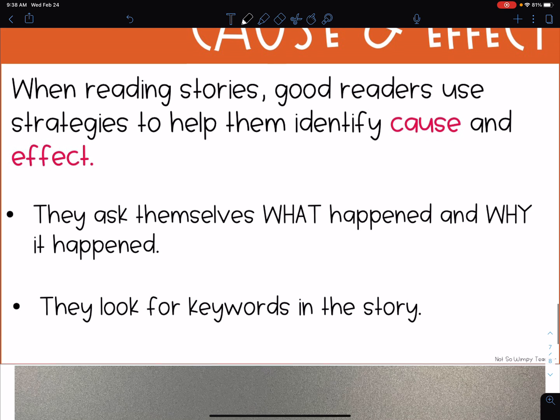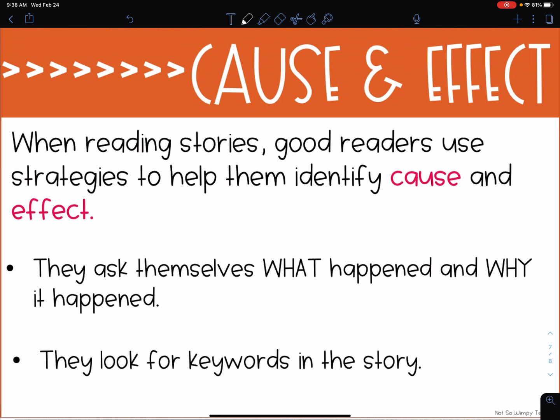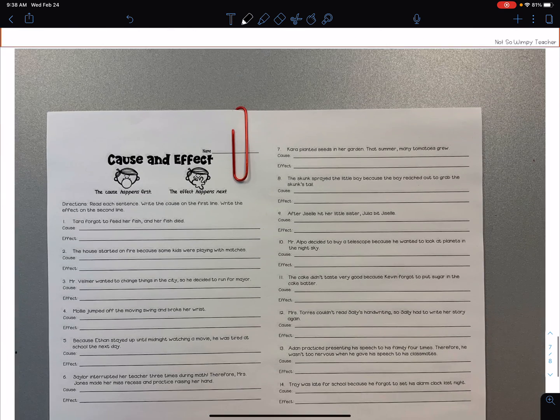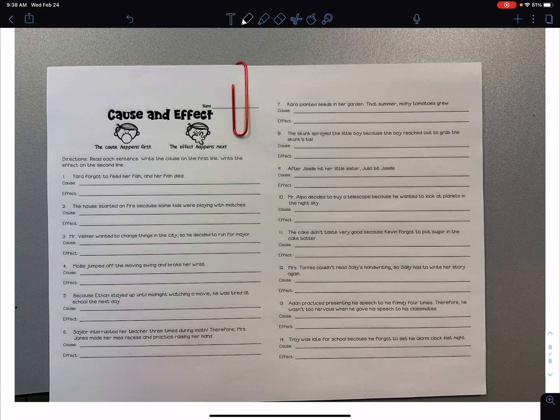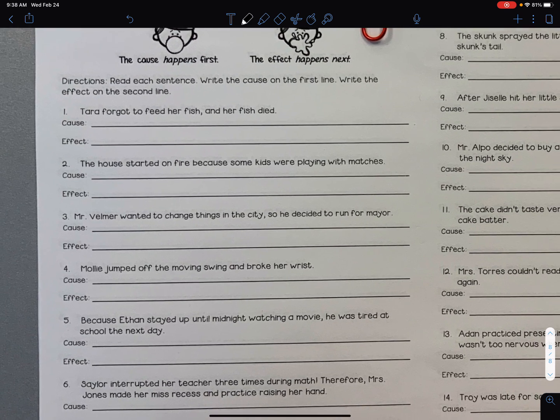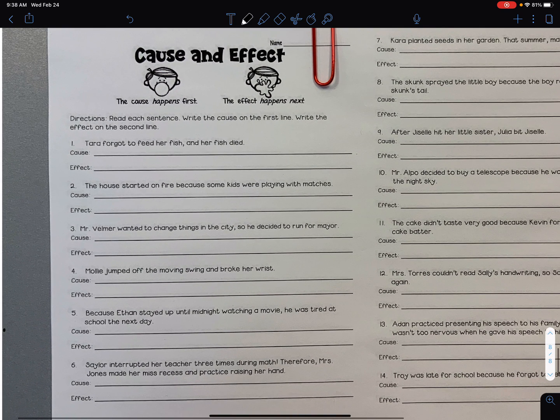Today we are going to practice identifying cause and effect with some sentences. I'm going to do the first couple with you in this video, and then you will finish out the sheet in your Google Classroom under the Classwork tab. So this is your sheet for today, and we've got a little reminder up here: the cause happens first, the effect happens next.